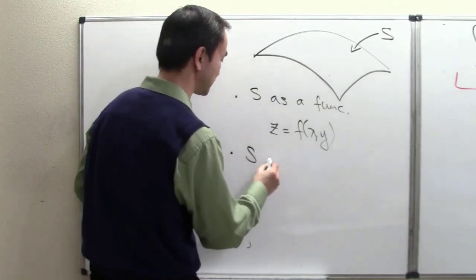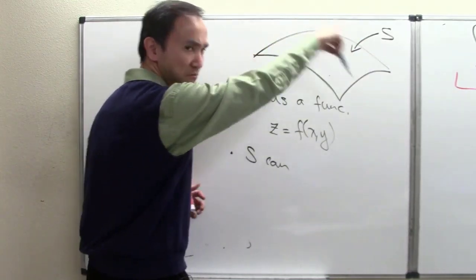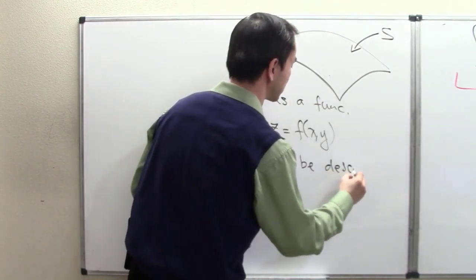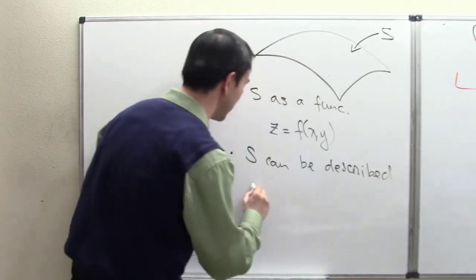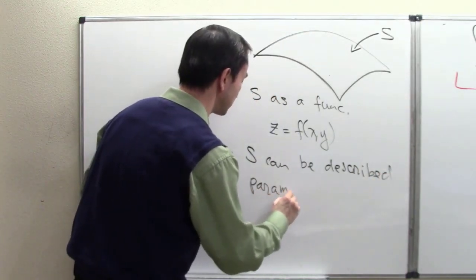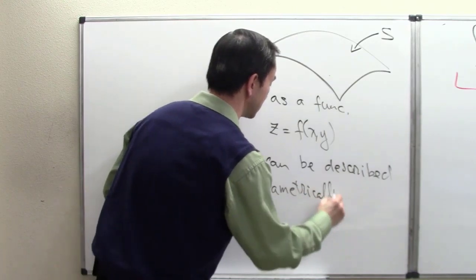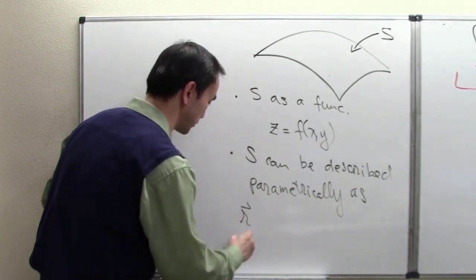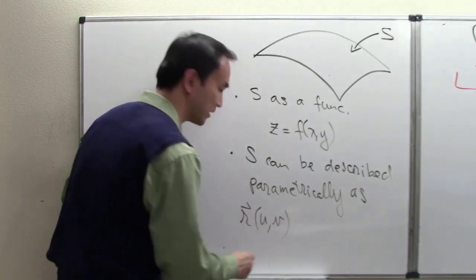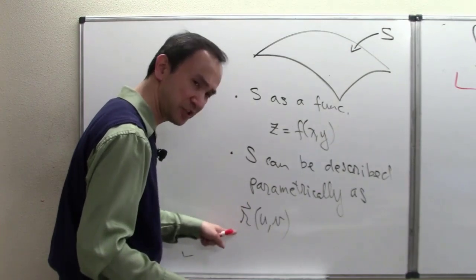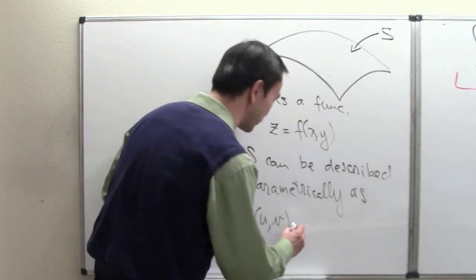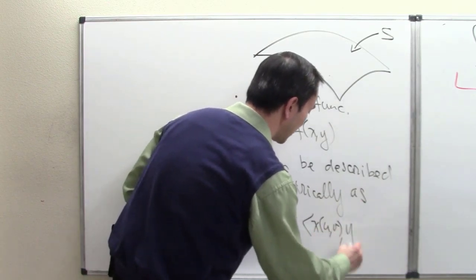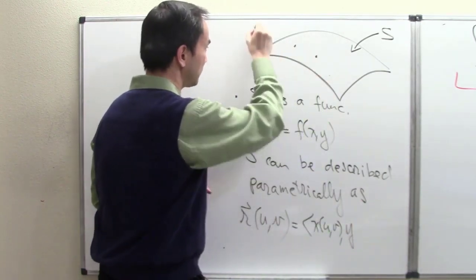Or S, the same physical surface in space, can be described parametrically as some vector valued function of two variables, r of u comma v, or s comma t, where the x component is some function of two variables u comma v, and likewise the y component and the z component.